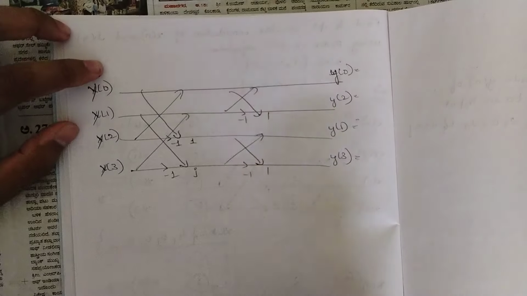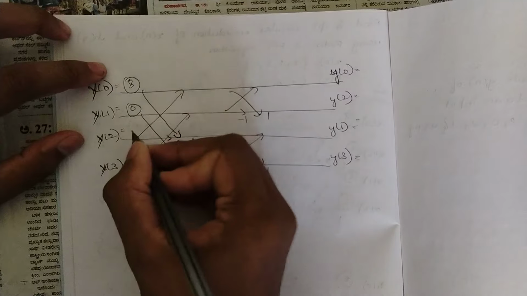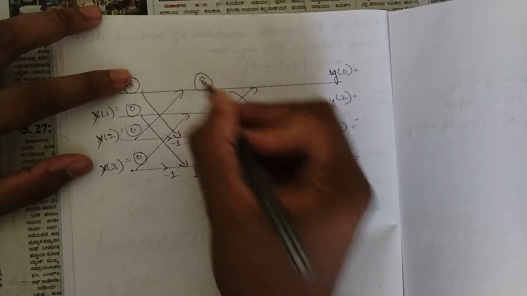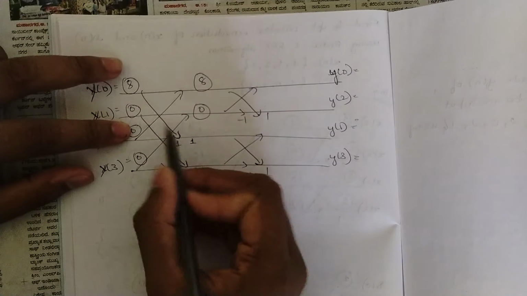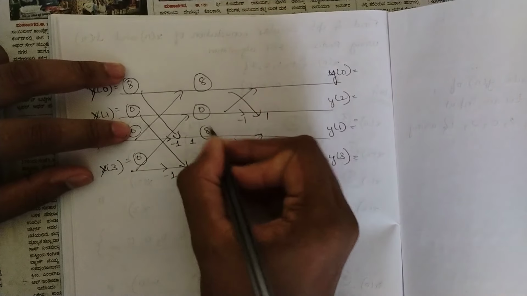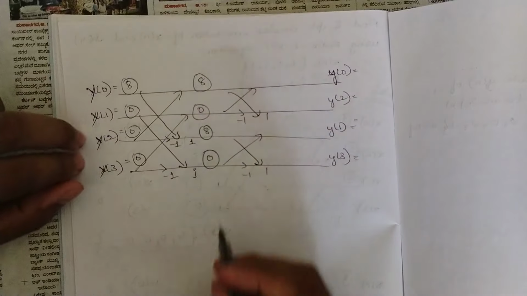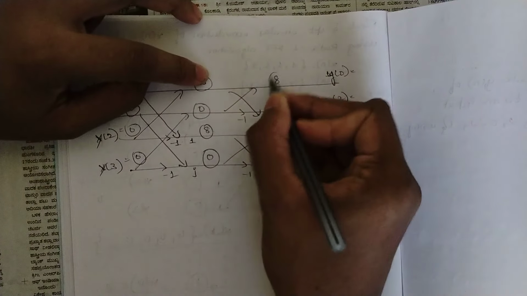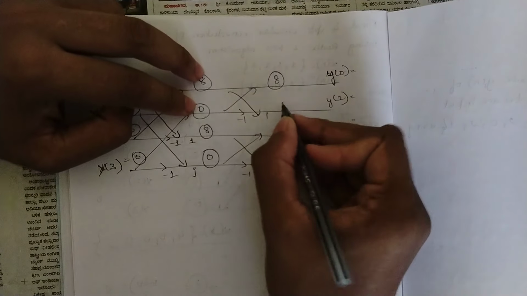Now the values are 8 0 0 0. So 8 plus 0 is 8, 0 plus 0 is 0, 0 plus 8 into 1 is 8, then 0 plus 0 is 0 into j is again 0, so 8 0 8 0 we got here. Then 8 plus 0 is 8, 0 into -1 is 0, plus 8 is 8, 8 into 1 is 8.